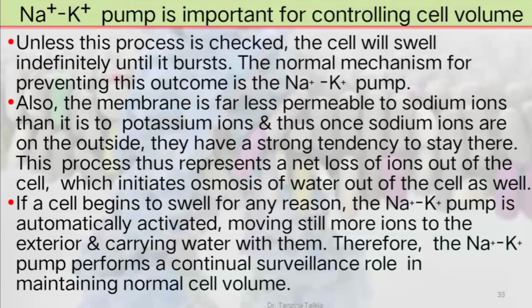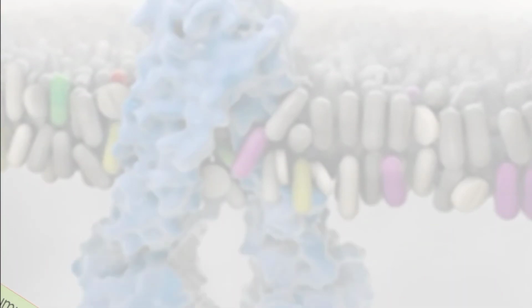If a cell begins to swell for any reason, the sodium-potassium pump is automatically activated, moving still more ions to the exterior and carrying water with them. Therefore, the sodium-potassium pump performs a continual surveillance role in maintaining the normal cell volume.